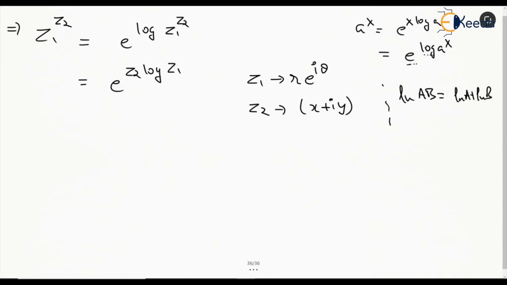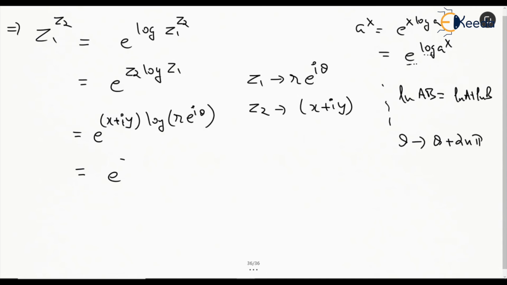So in that case this is going to be e to the power of (x plus iy) into log of r e to the power i theta. We also know that cos and sine have a time period of 2 pi, so this theta can also be written as theta plus 2n pi, taking n to be an integer.